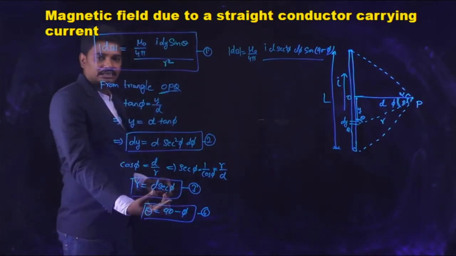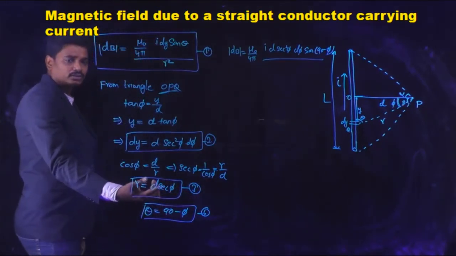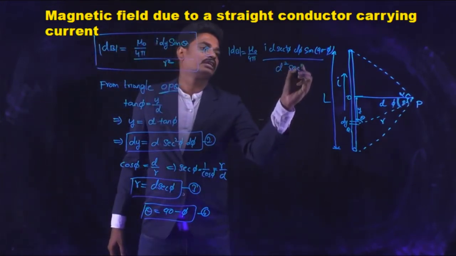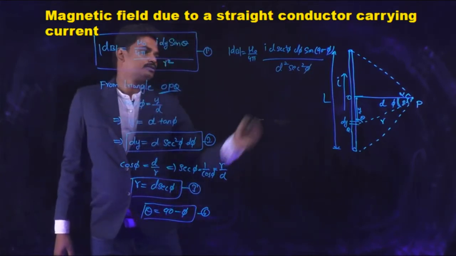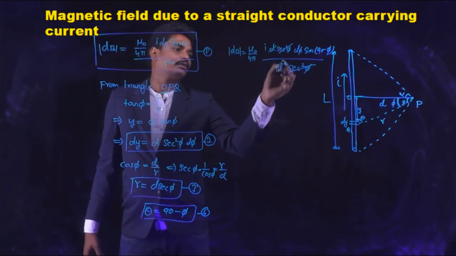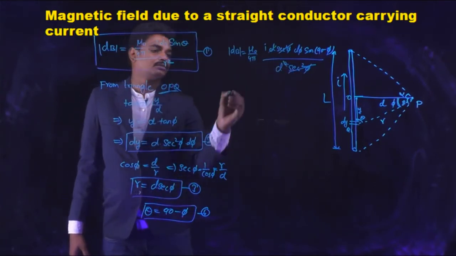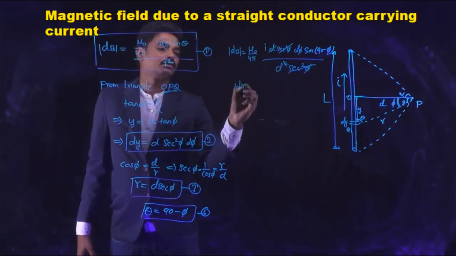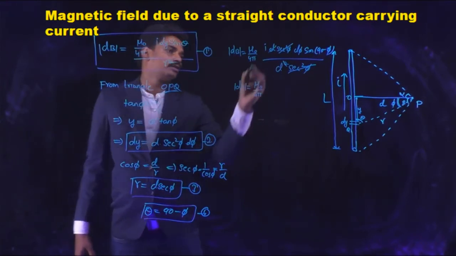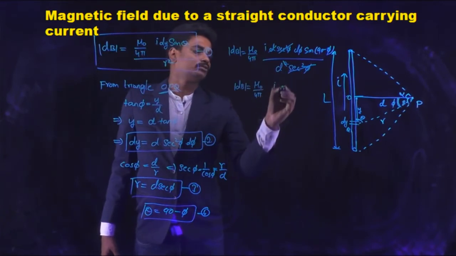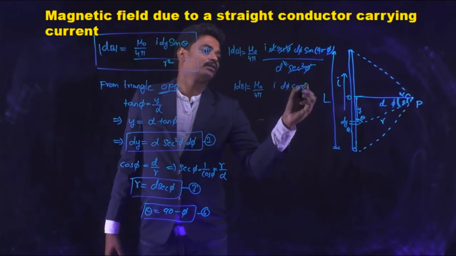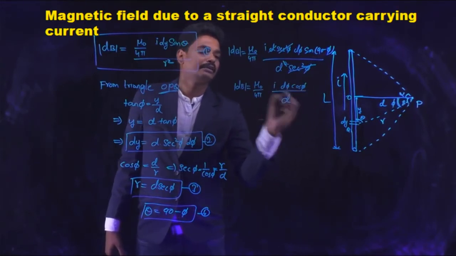Here r is d into secant phi, so r square means d square secant square phi. So secant square phi gets cancelled, and d also gets cancelled. So mod dB is equal to mu naught by 4 pi into I into d phi into sin of 90 minus phi, that is cos phi, divided by d.